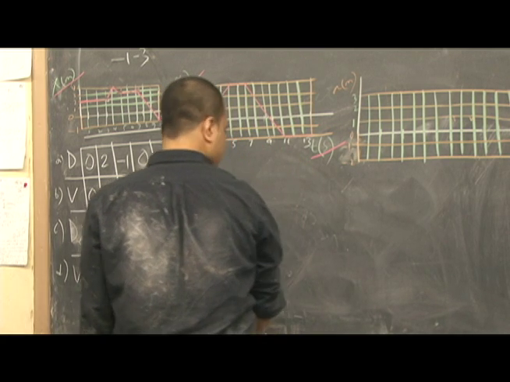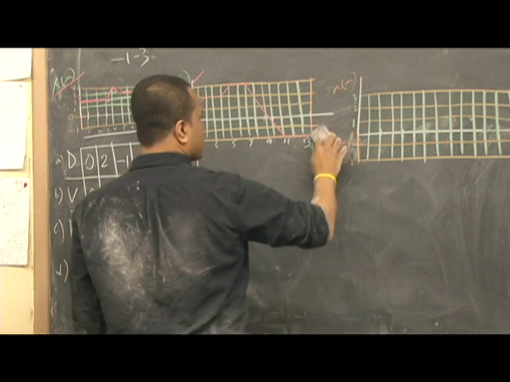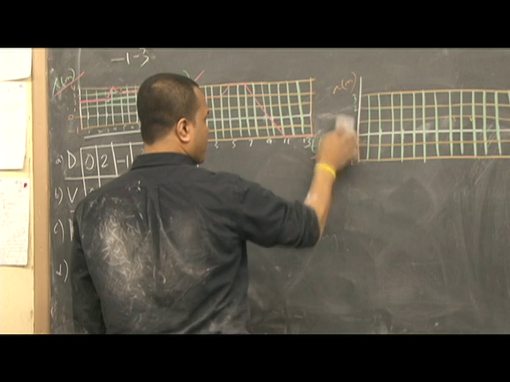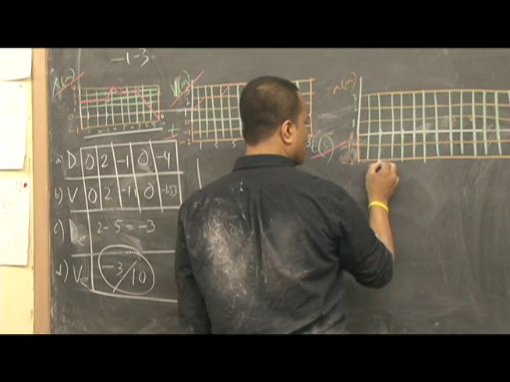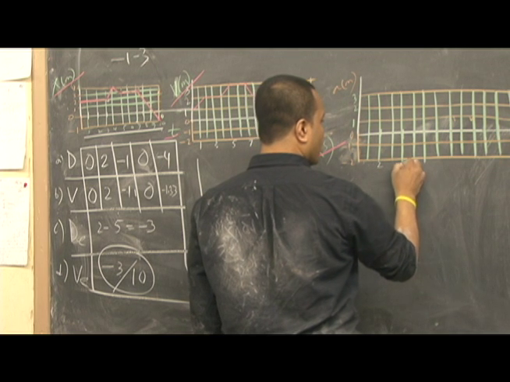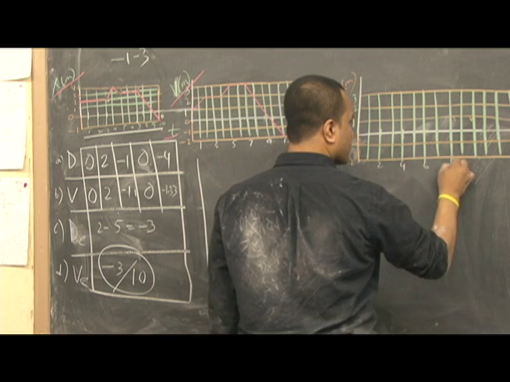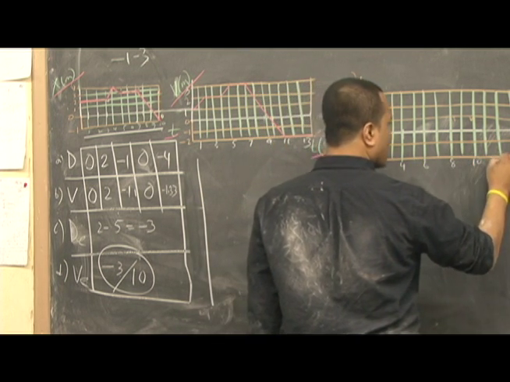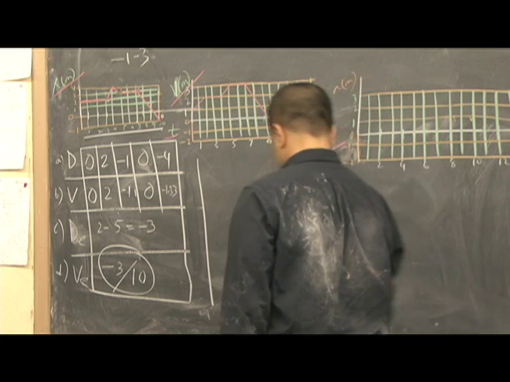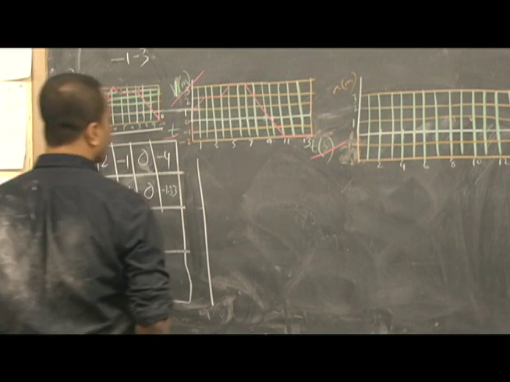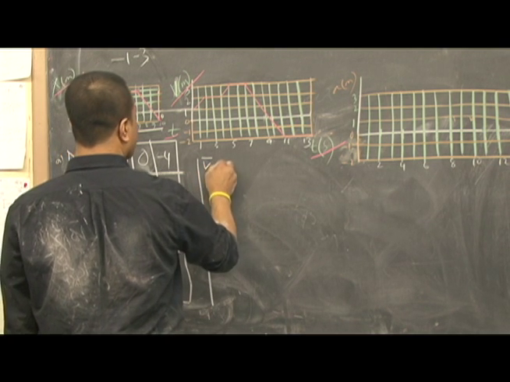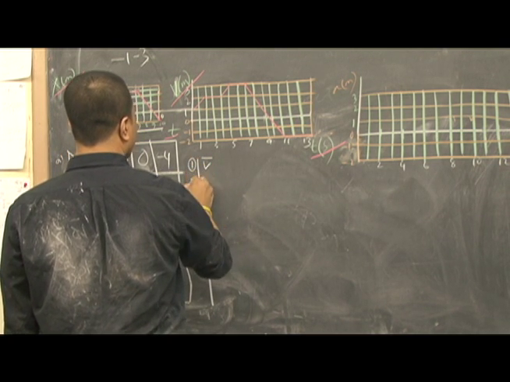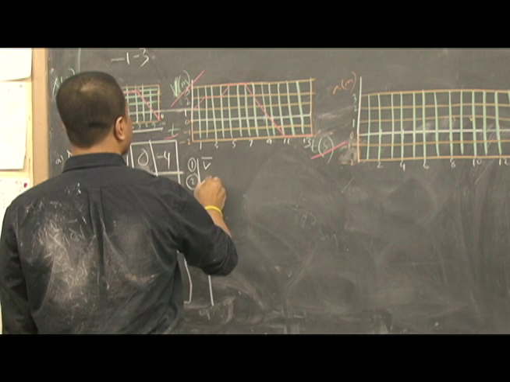This is 1, this is 2, 3, 4, 5, 6, 7, 9, 11, 13. Okay, so maybe it comes all the way to the 11 and then it goes this way. Okay, so let me erase this. This is not part of the question. Okay. So let's put this one too. This is 1, 2, 3, 4, 5, 6, 7, 8, 9, 10, 11, 12, 14. Okay. So now what questions are we going to ask ourselves? Number 1, let's find the average velocity. Number 2, let's ask ourselves acceleration.